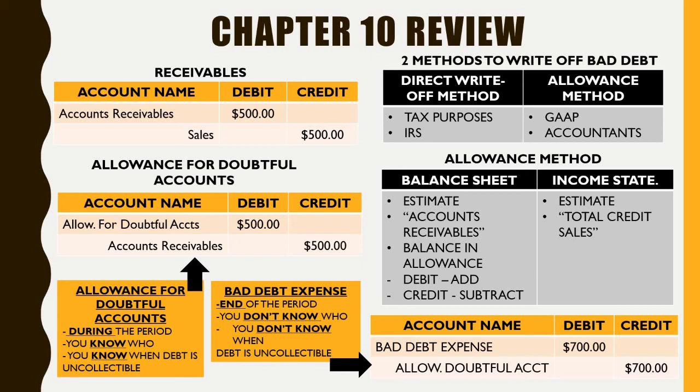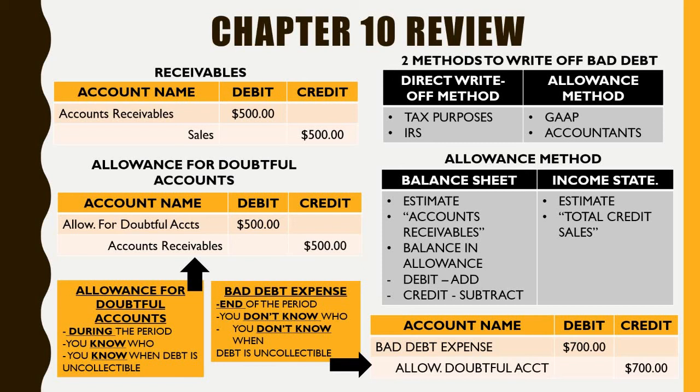So in this case, my customer A told me they can't pay me, and I know exactly who, how much they owe me, and when it happened. Therefore, I'm going to transfer the amount from my accounts receivable and place it into the allowance for doubtful accounts because it's potential bad debt. And this account is considered a contra account, correct.